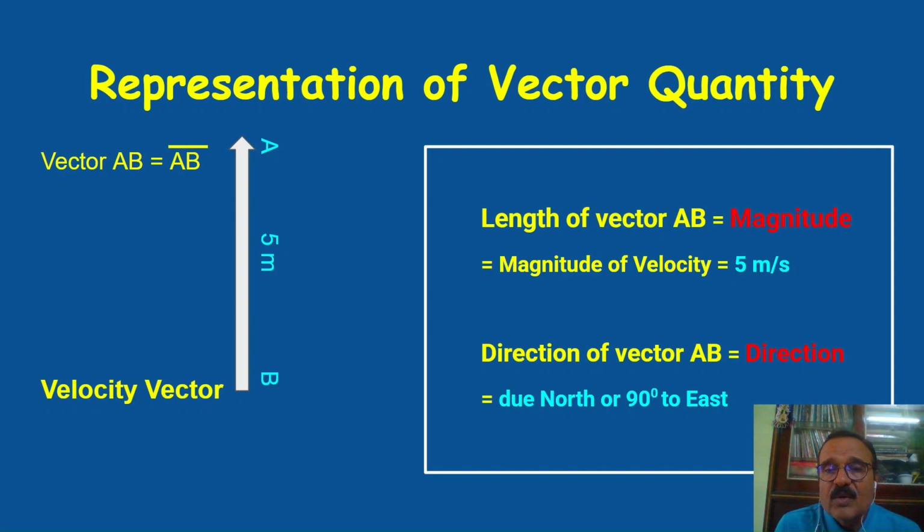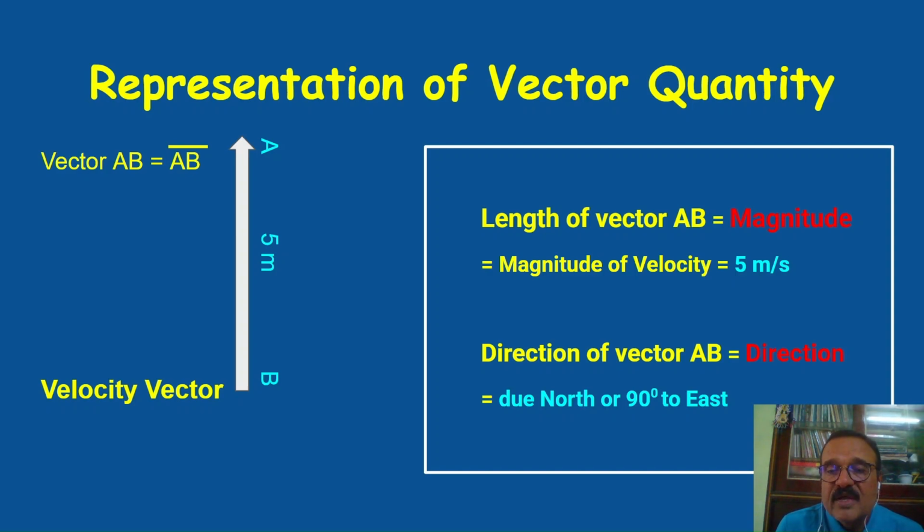Here, length of vector AB is nothing but magnitude of the velocity and is 5 meter per second, since length of the vector is 5 meter. That is, length 1 meter equivalent to velocity of 1 meter per second.